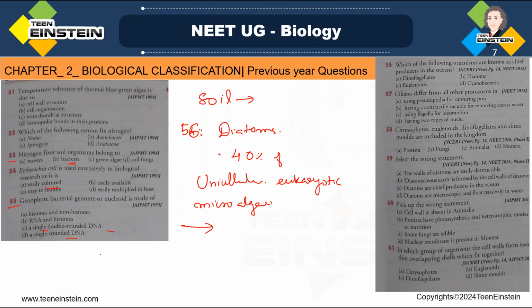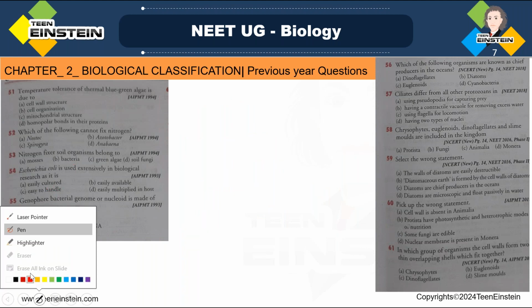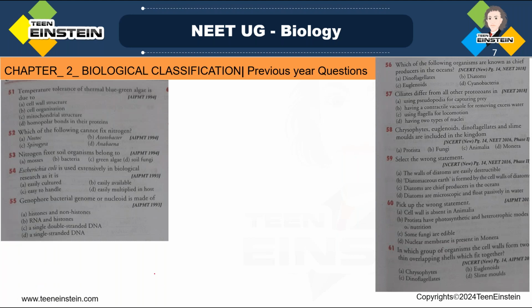So here we know that ciliates are different from all other protozoans and they have two types of nuclei, right?